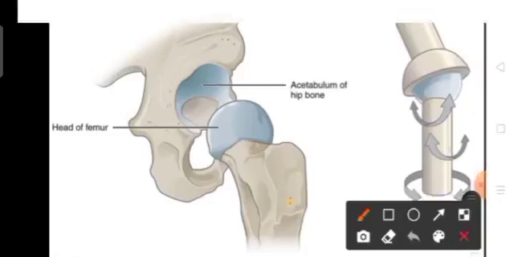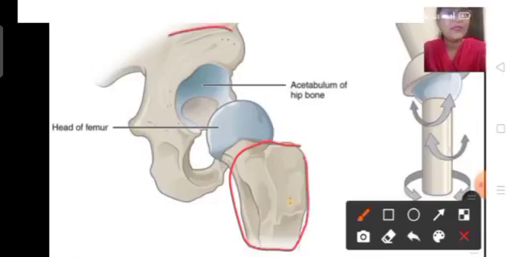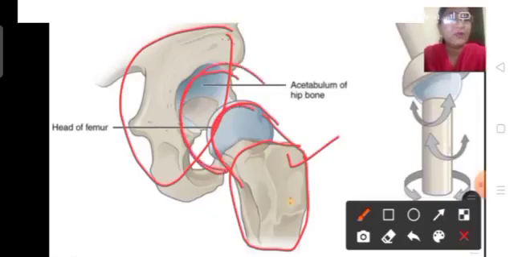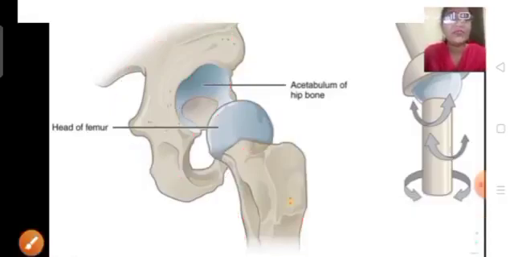Here is the upper thigh bone and this is the hip bone. They form a ball and socket joint. In this case, the upper thigh bone has the rounded end, and this rounded end fits into the hip bone cavity, which we can call the socket. So this is an example of a ball and socket joint.